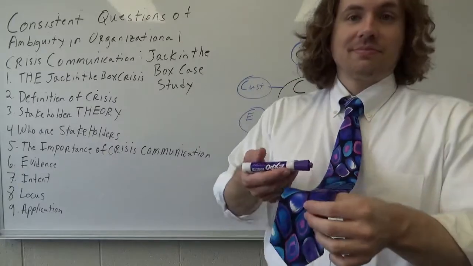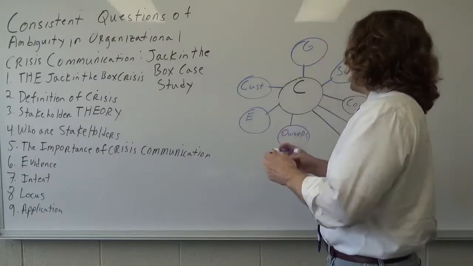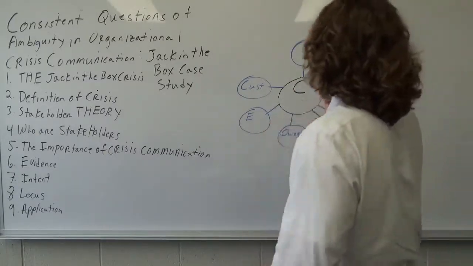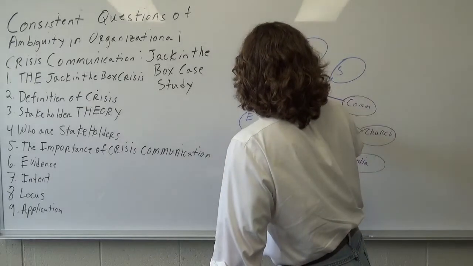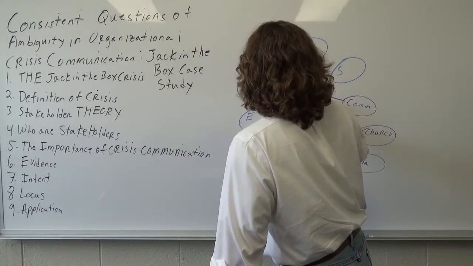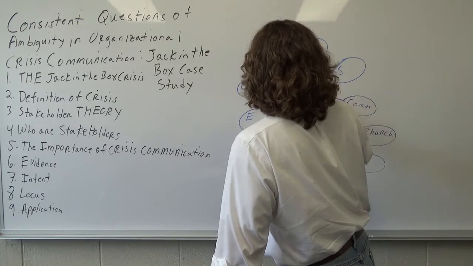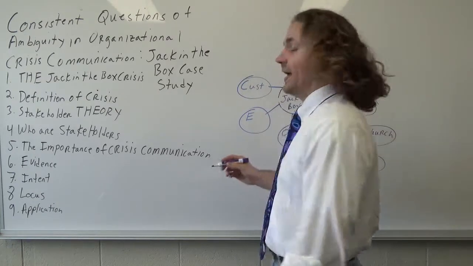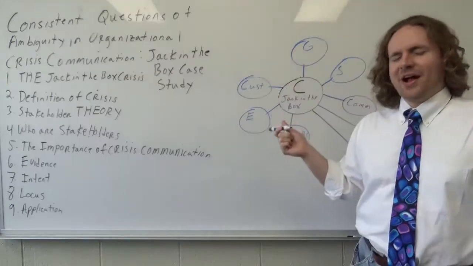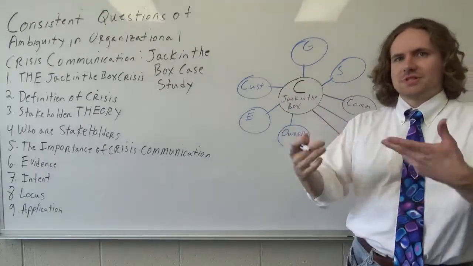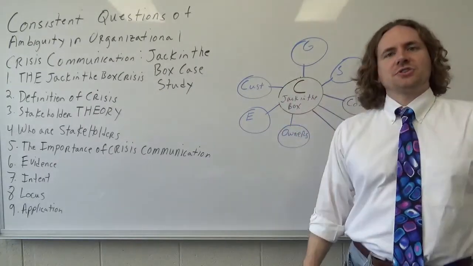I got some purple on my tie, so maybe I'll be lucky, right? Pens never work for me. Alright, so, Jackinthebox. Okay? You can keep the corporation in there or not. I'm just saying corporation to teach you all, but normally you just say Jackinthebox, just like that.